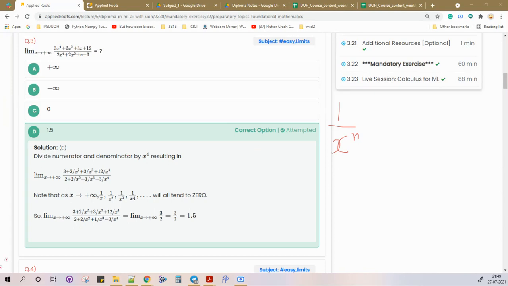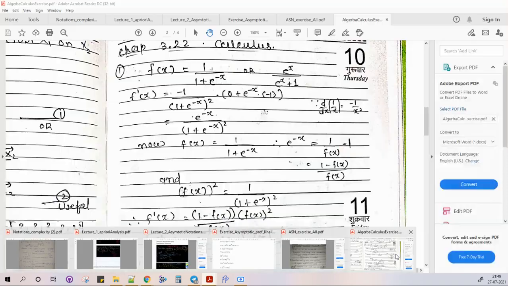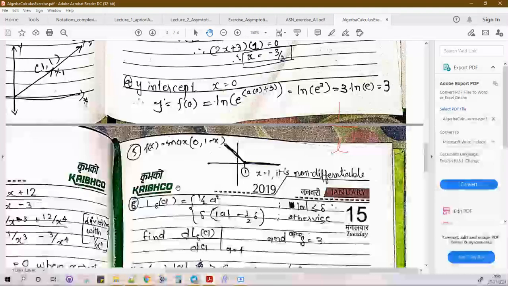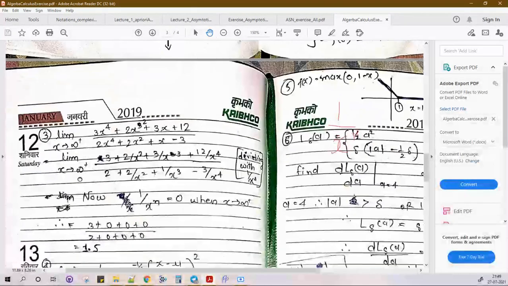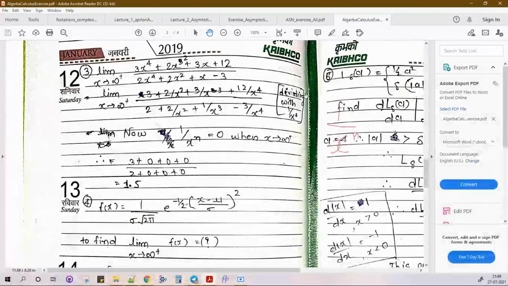Then what will happen is, let me open it now. Question number 3. When I divide by x to the power 4, this would be 3, then 2 divided by x squared, 3 divided by x cube, 12 divided by x to the power 4.